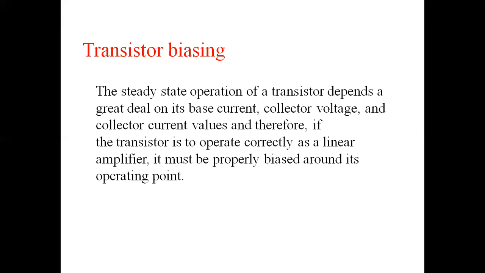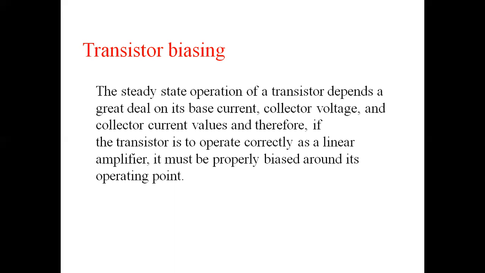The basic function of a transistor is to do amplification. So what is amplification? Amplification is the process of raising the amplitude of a weak signal without change in its frequency and shape.